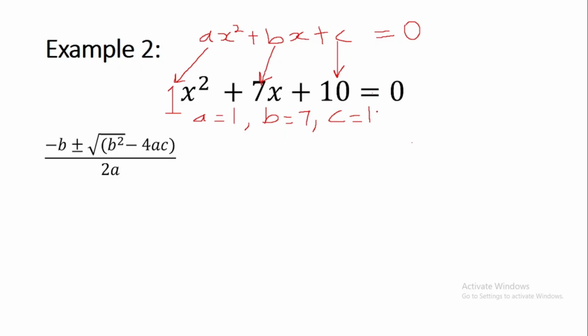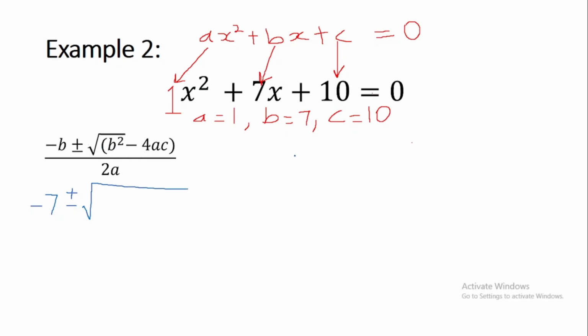So now that we have our a, b, and c, we're just going to plug it into our formula right here. Okay, so we're going to have minus b. b is going to be 7. We're going to have our plus or minus sign. So negative 7 plus or minus the square root of everything inside the bracket.